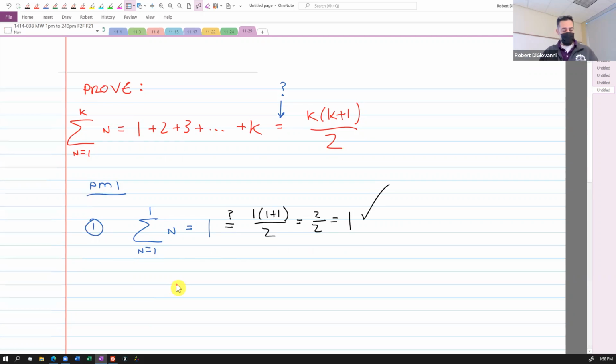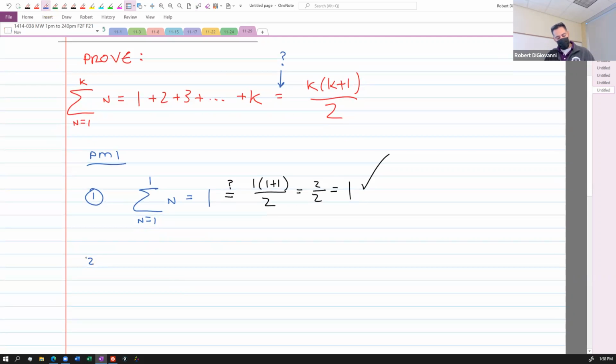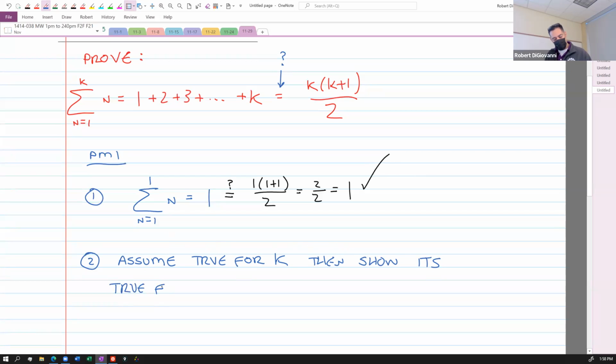Now, the second thing I need to show is that if the kth one's fallen, the next one has to fall. What that means here is this. Assume it's true for k, and then show it's true for k plus 1.